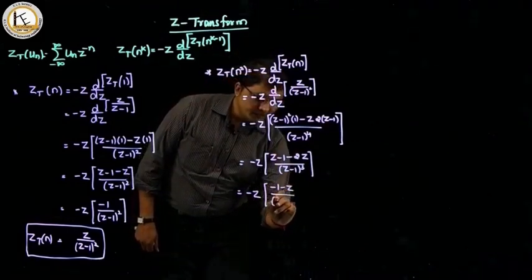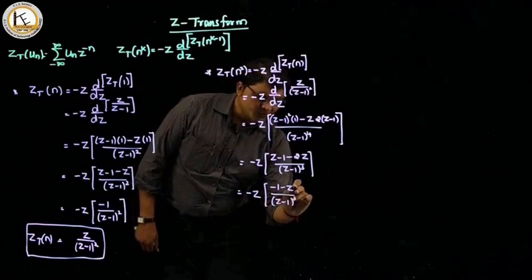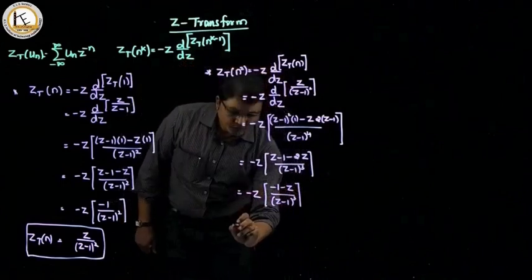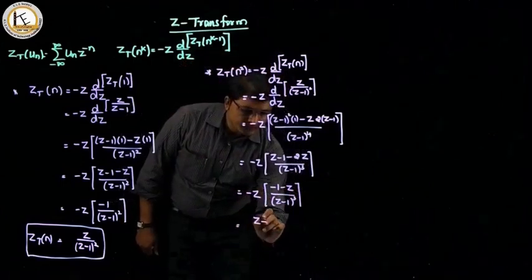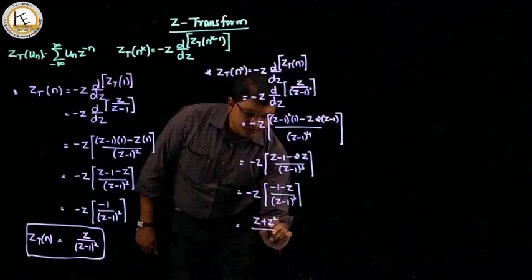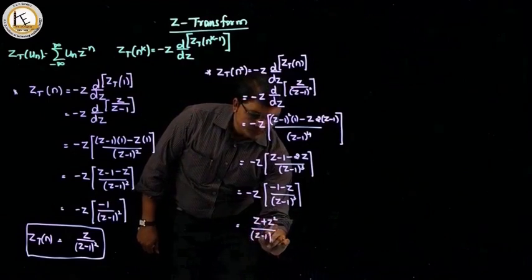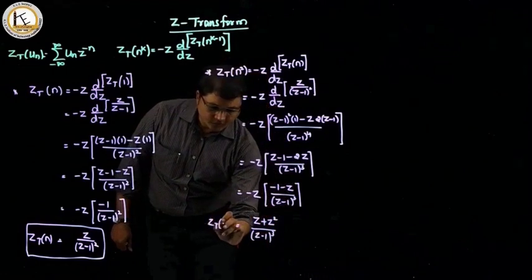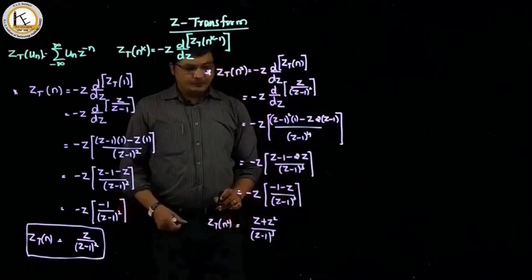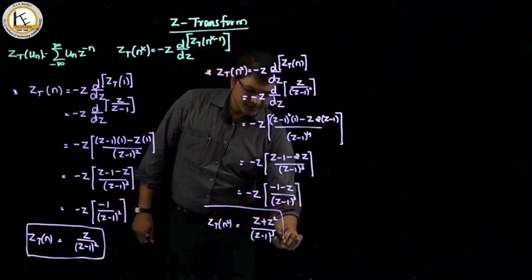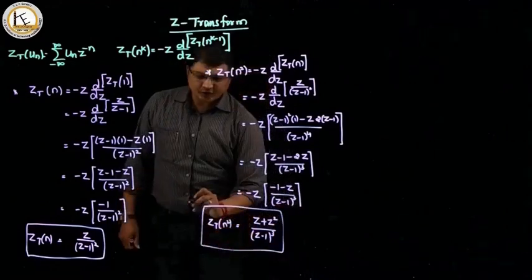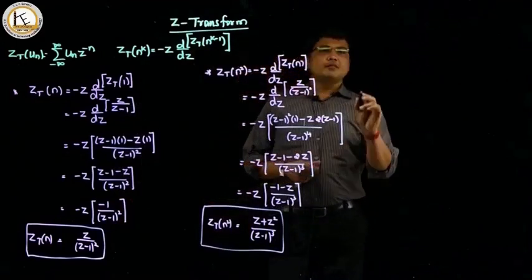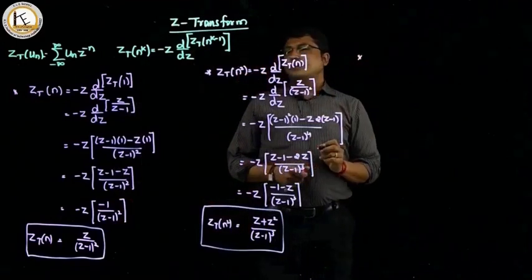Simplifying further, we have minus Z into bracket. Obviously, we have minus 1 minus Z divided by Z minus 1 the whole cube. Just multiplying minus Z now, we have finally Z plus Z square divided by Z minus 1 the whole cube. So this is Z transform of n square, and hence one more standard function.